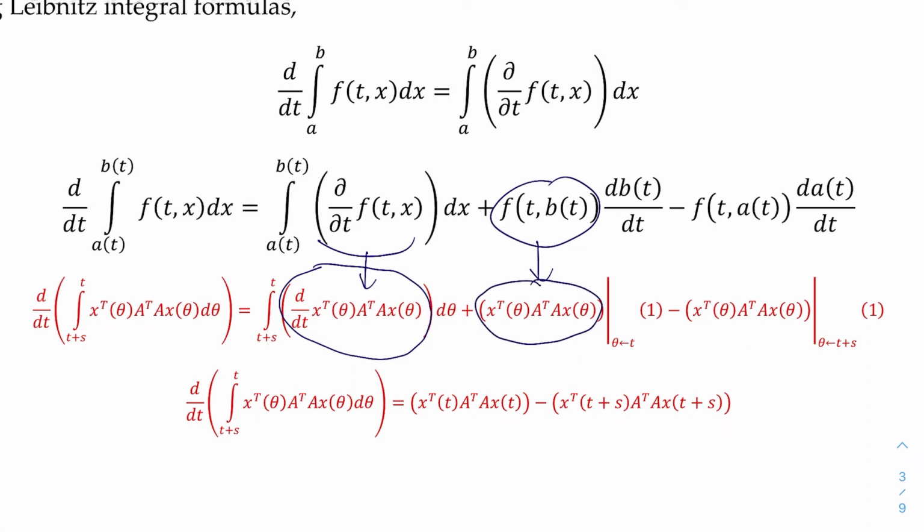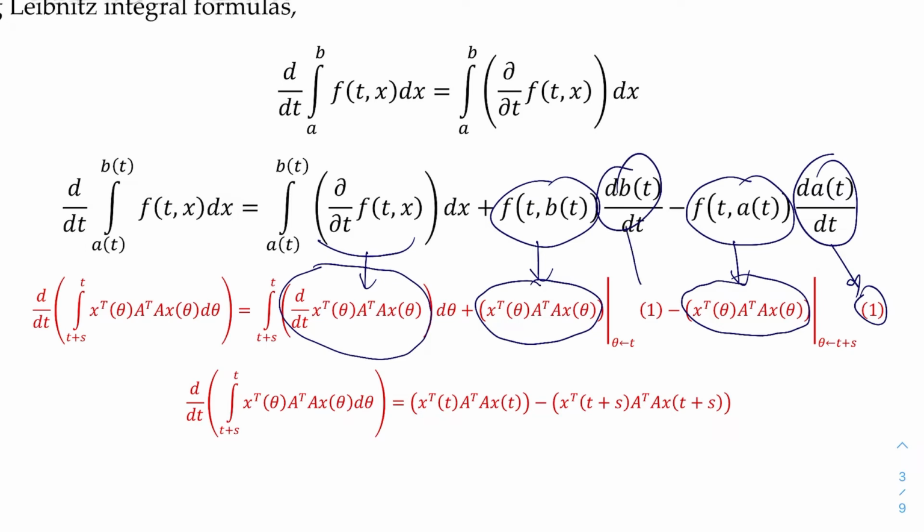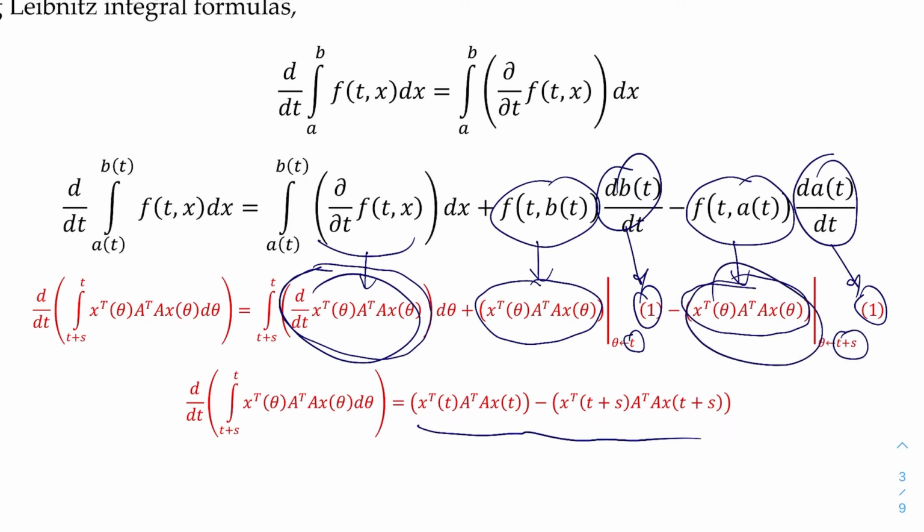These terms are indeed parallel. Here, this one, and this is 1. And since this is 0, we only have these two terms, and we substituted t instead of theta, and in that expression we substituted t plus s instead of theta.